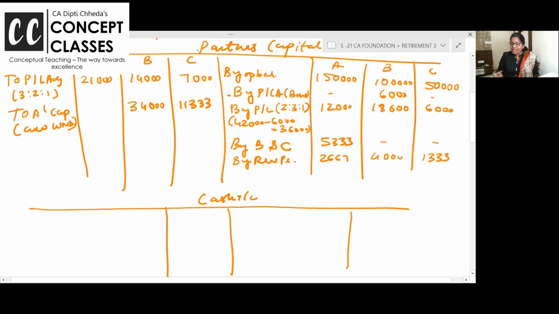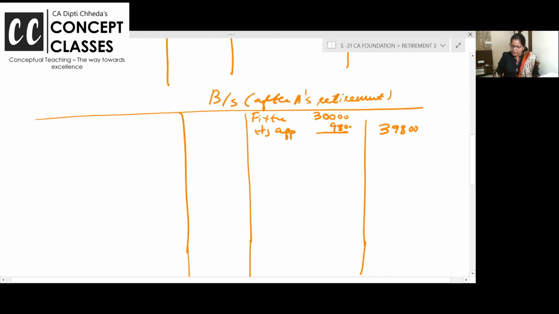Revaluation profit we gave. Now after this, one more time they are making additional provision. Now A has gone, dear students, and after that they are doing this, so this will be borne only by B and C. Provision for doubtful debts in 3:1, who will bear it? Only B and C. See how much, I'll tell you. How much was debtors? 90,000.